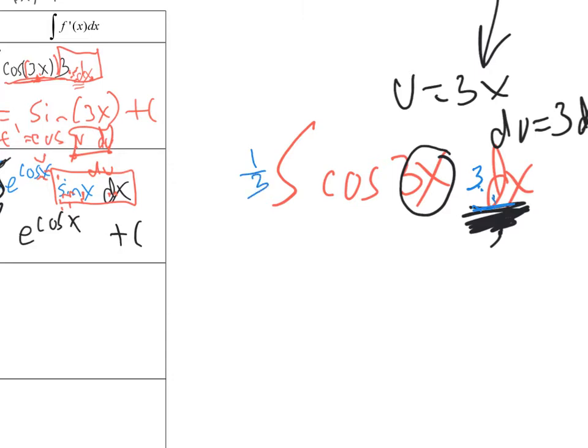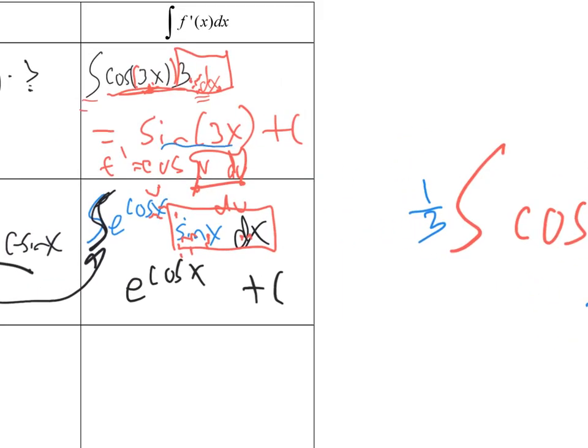And now what you have is, this still goes away. But at least I have the u du, so the answer now will be 1/3 of sine of 3x plus c, as opposed to just sine of 3x plus c that I had before.